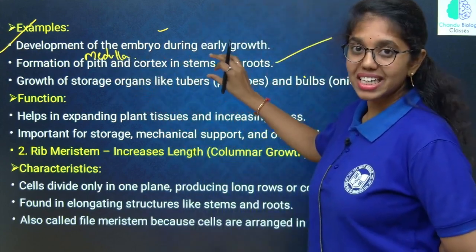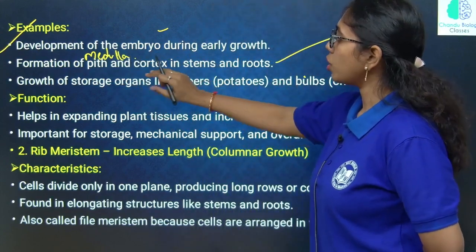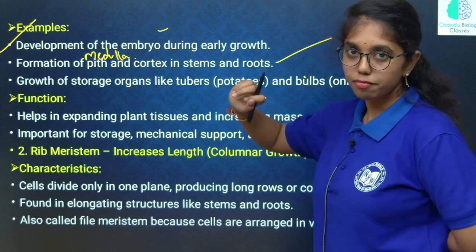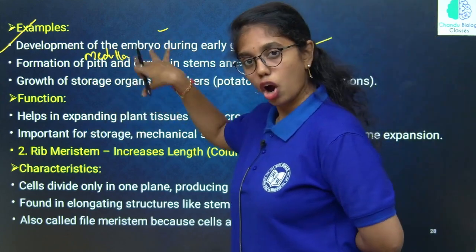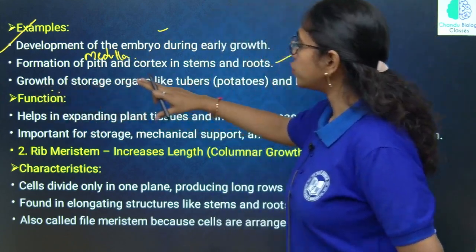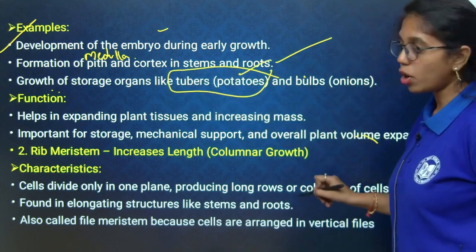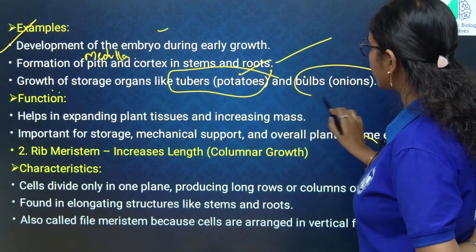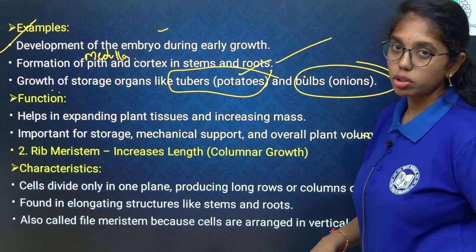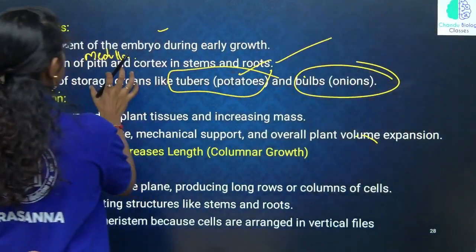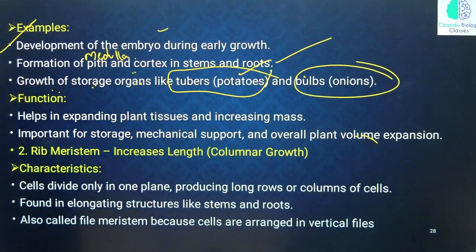This is present in ground tissue system. Formation of these two tissues are also examples of mass meristem which divides in all the planes. Growth of storage organs like tubers in potato, which is an underground stem modification, and bulbs like onions, okay, is also an example for mass meristem.